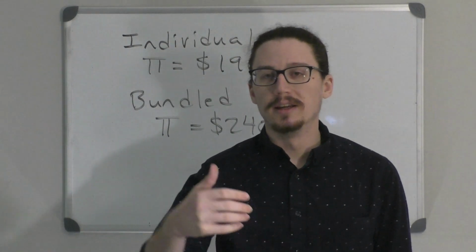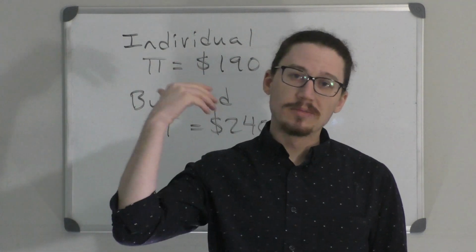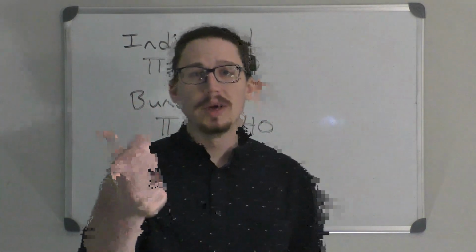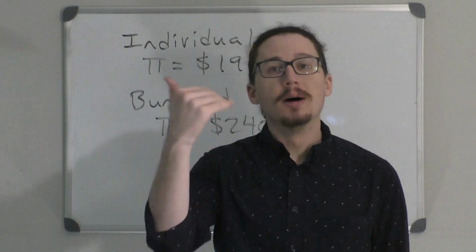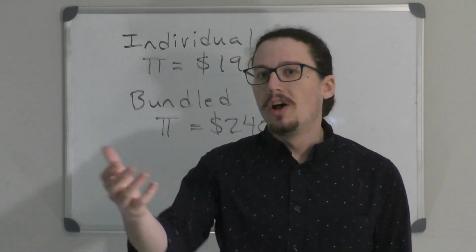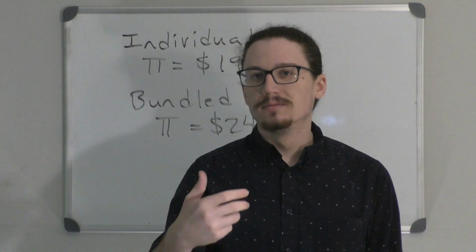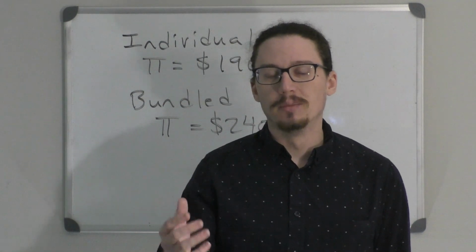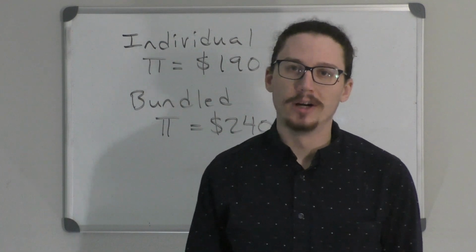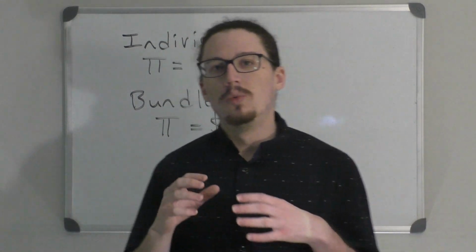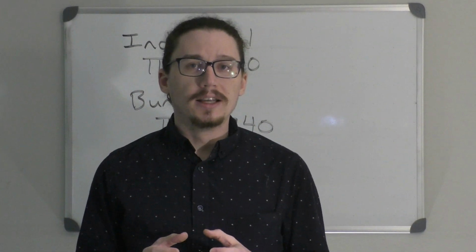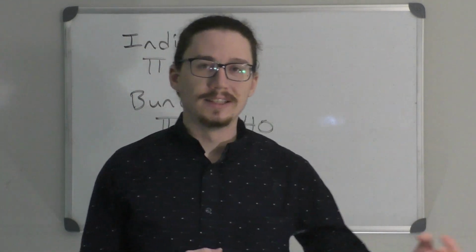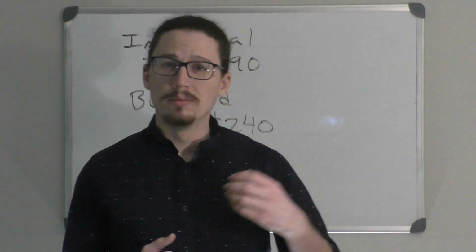So Wanda would say, I'm willing to pay $100 for Word, and I'll go ahead and pay an extra $20 to get Excel as well. Cosmo, on the other hand, would say, I'm willing to pay $90 for Excel, and I'm willing to pay up to $40 for Word, although I only have to pay $30, because his price would still be $120.